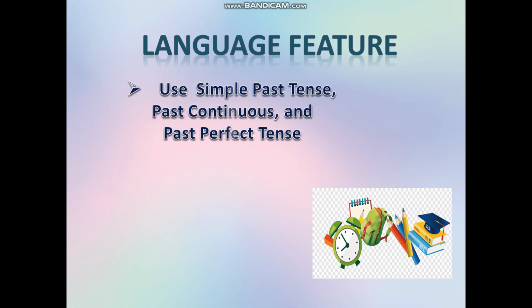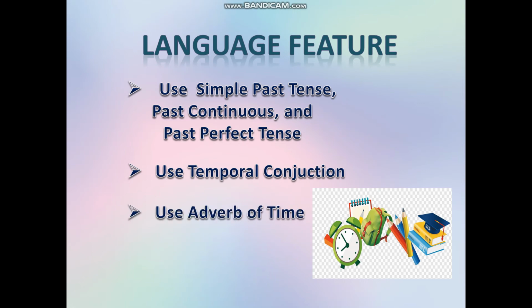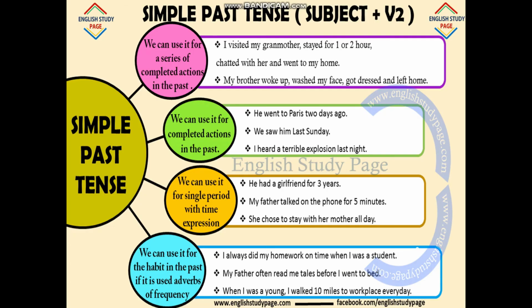As I said before, recount text tells past events. So the tenses mostly used are simple past tense, past continuous, and past perfect tense. It also uses temporal conjunctions and adverbs of time. Here is a brief explanation of simple past tense.